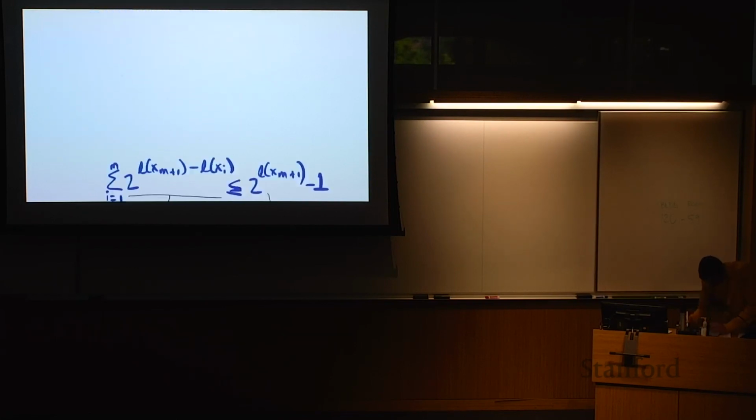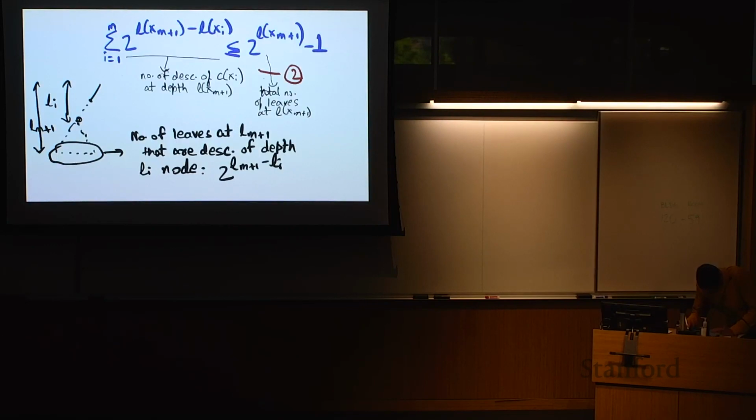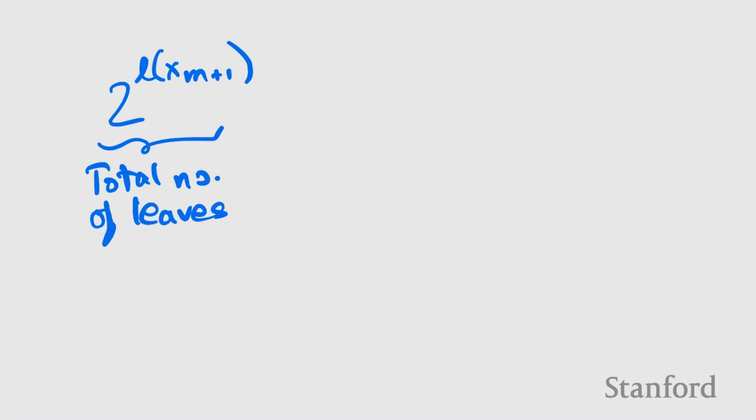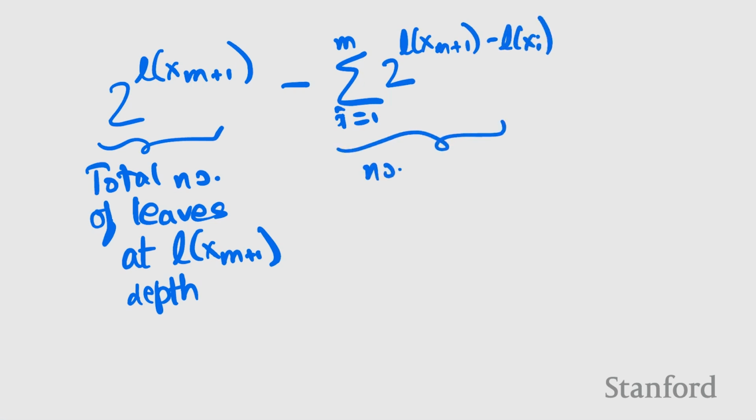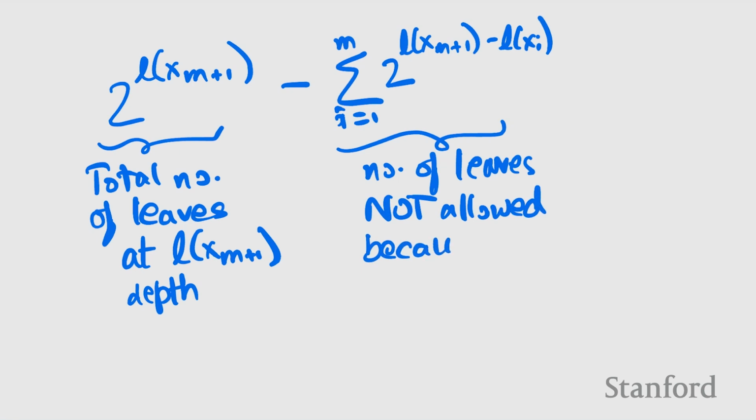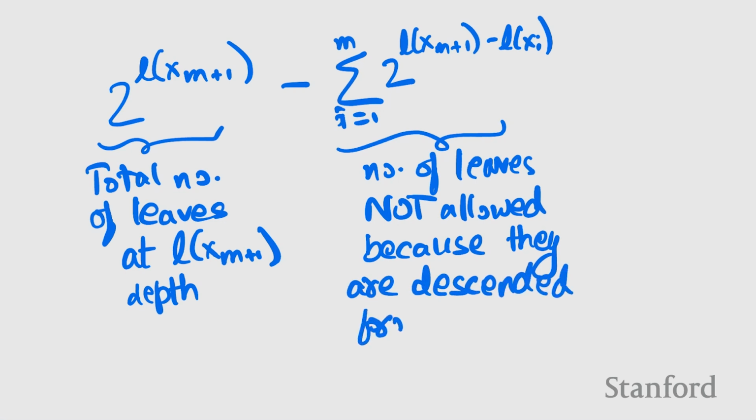So just to finish off the proof. If we write it like this, this is the total number of leaves at depth lxm plus 1, minus the summation from 1 to m, which is the number of leaves not allowed because they are descended from an existing code word.